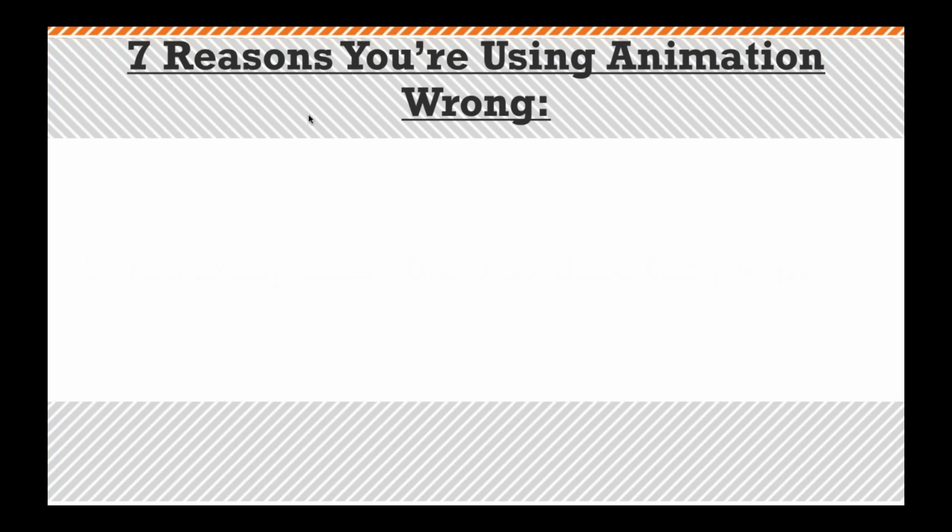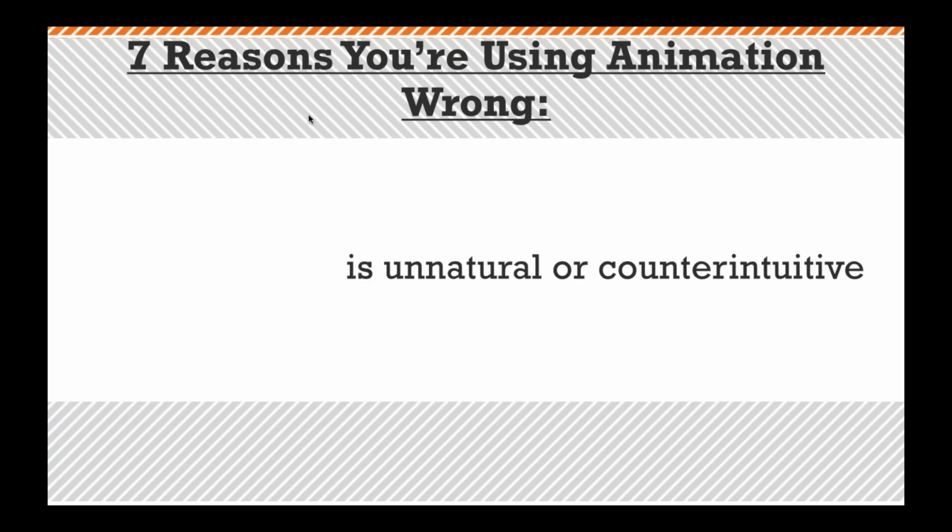Reason number 6. Actually, there's a little sub-reason here. A lot of times people who have animations like this have to wait for the animation to play out, which takes up time, which is not good. But reason number 6, the animation is unnatural or counterintuitive. So for example, here in the Western world, we read things from left to right.